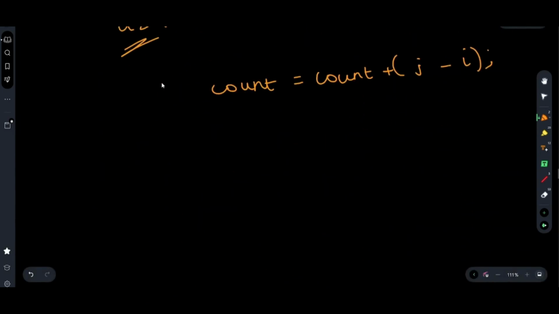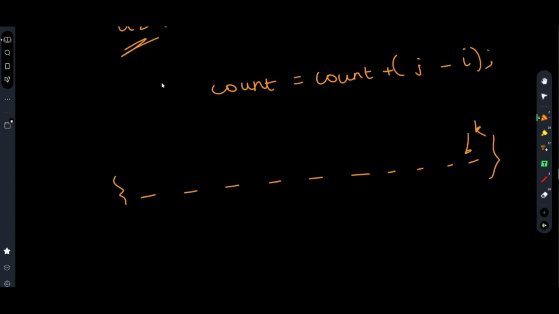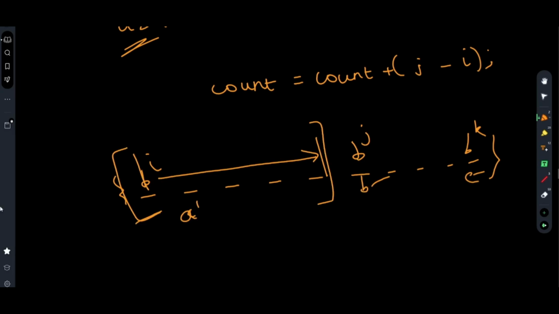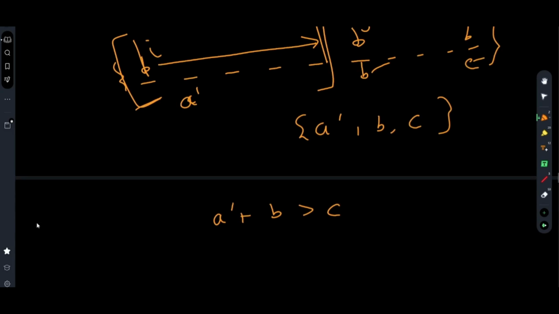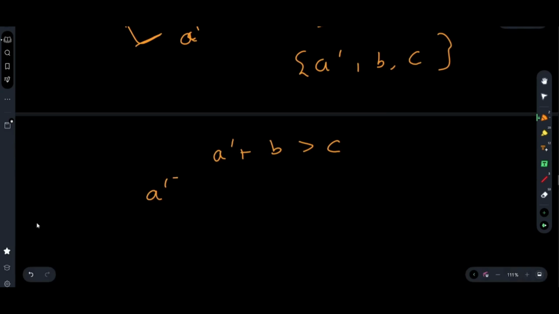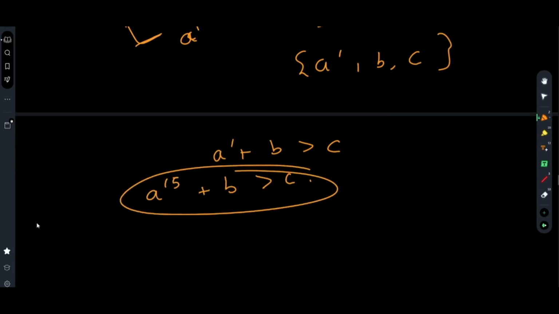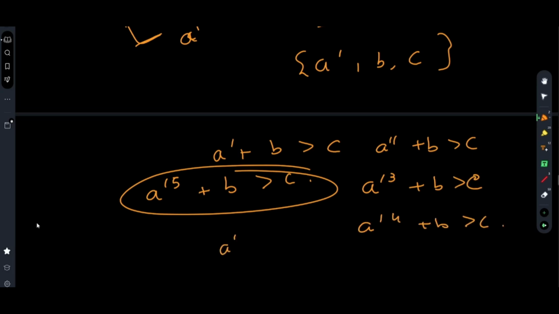Now you see, if it is k, if it is i, if it is j, and this forms a valid triangle, then anything from i to j till here can become a possible first element. Now A dash, B, C can become a possible triangle, because A dash plus B is greater than C. Similarly, if it is A double dash, A triple dash, A4 dash, and A5 dash, A5 dash plus B is obviously greater than C. And since A5 dash is greater than A dash, therefore it is also applicable.